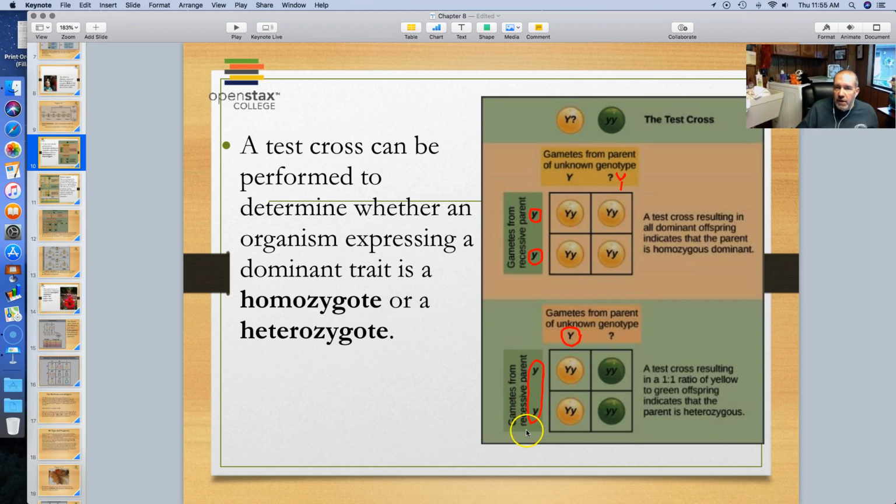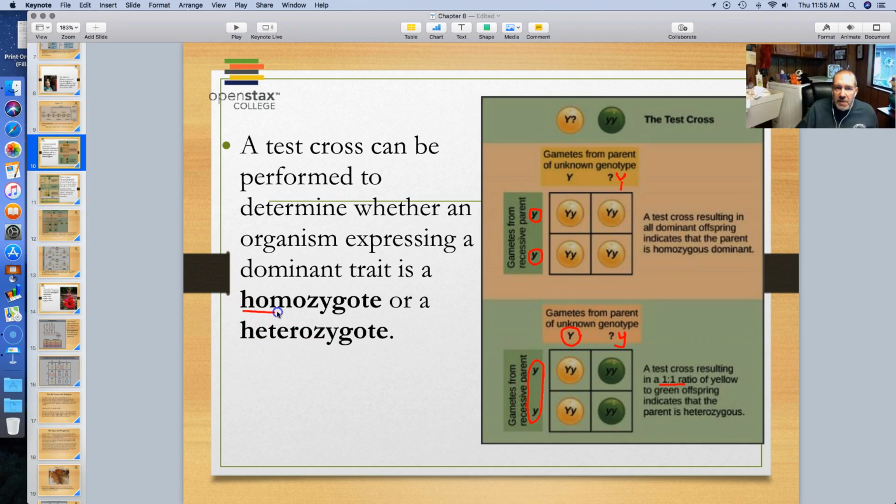So we breed these individuals together, and now we end up getting about a 1-to-1 ratio of yellow offspring and green offspring, unlike the 100% yellow. In this case, we know that the other allele of the parent has to be a recessive allele. That's the only way we can get a 1-to-1 ratio of dominant phenotype, yellow, to one recessive phenotype, which in this case is green.